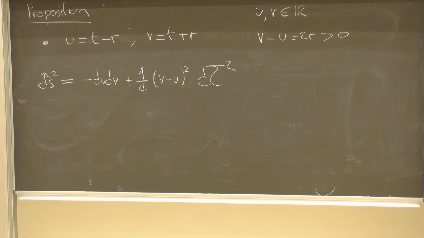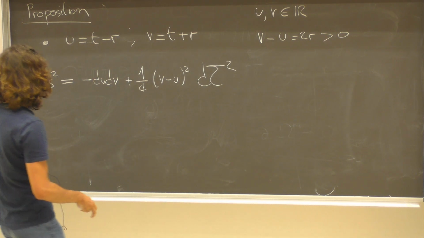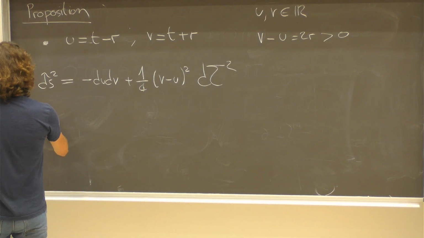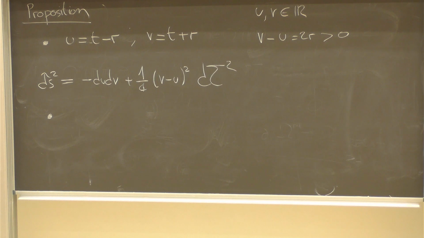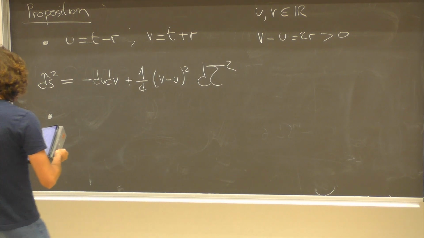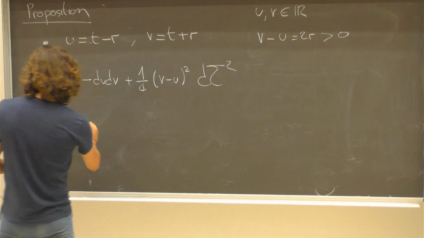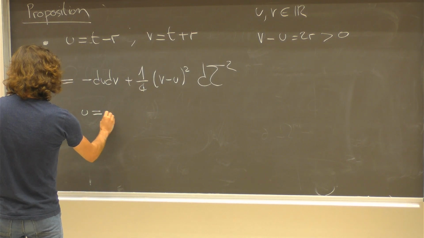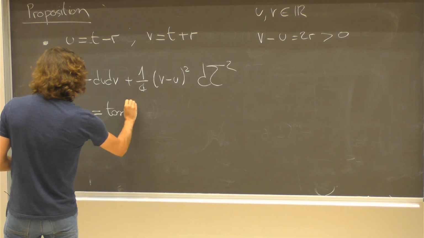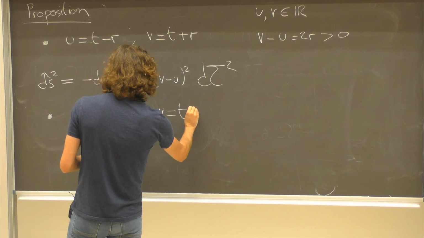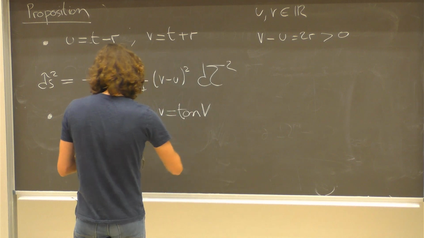So already this is very good, but we want to compactify to infinity, so we want to change to big U and big V. You introduce big U, such that tangent of big U equals little u, and big V such that the tangent of big V is little v.